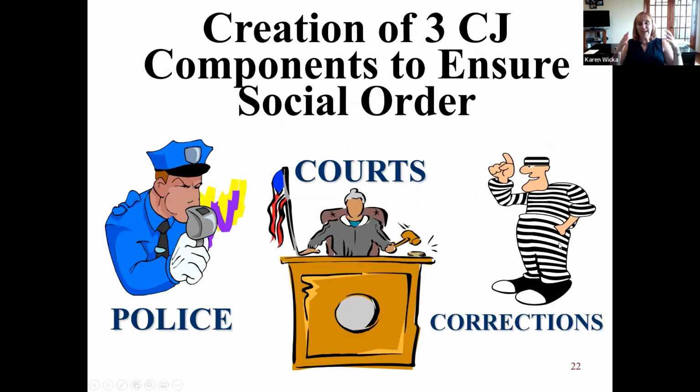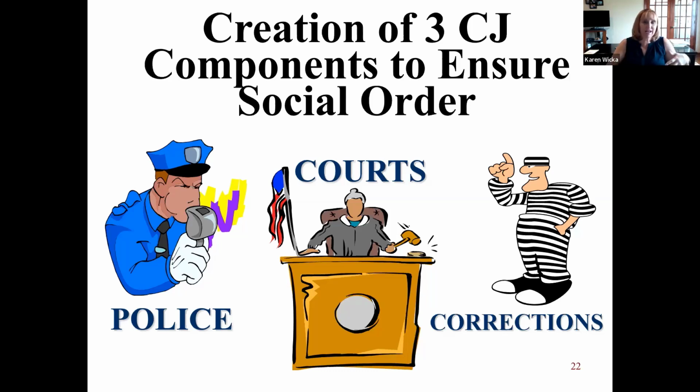Now, we have three parts of the criminal justice system that all work together to try to ensure social order. And that's what this whole class is about. We are going to learn about the three components of the criminal justice system and how they work to ensure social order. So I'm going to ask you many times throughout the semester, what are the three components of the criminal justice system?